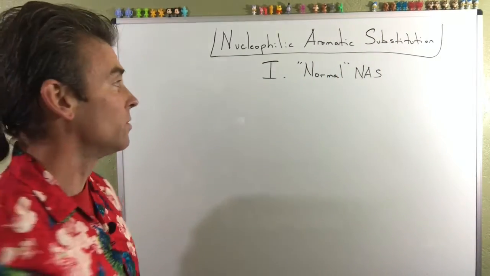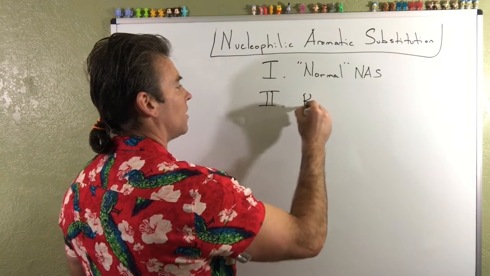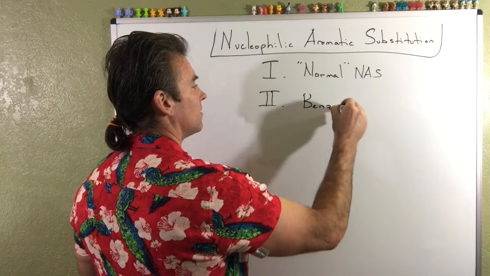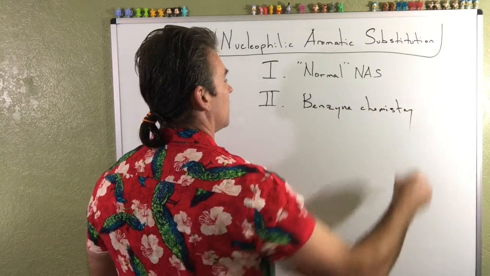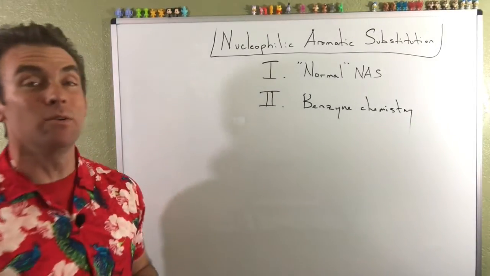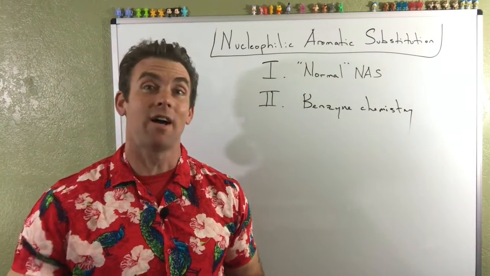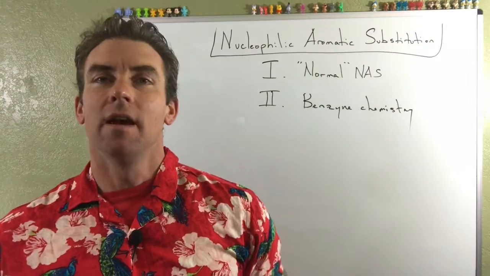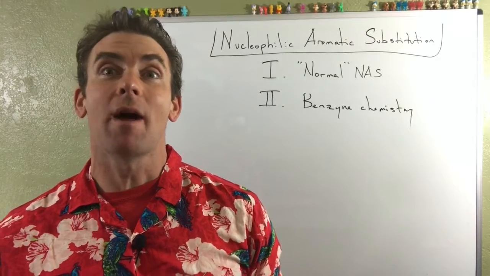I'm also going to include a second section where we talk about what's called benzyne chemistry. It most certainly involves a nucleophile, but is a completely different mechanistic pathway and usually is taught as a completely separate thing. The third type is what I'm going to call Sandmeyer reactions.